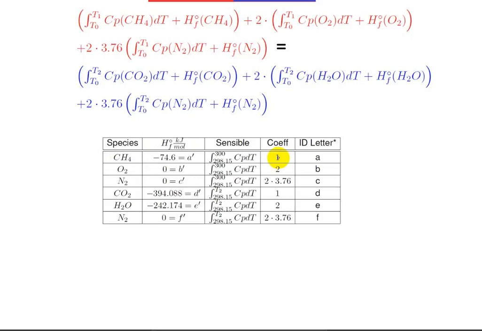And then there's a coefficient, and those are the coefficients up here. So 1 is for the parentheses on methane, 2 is for the parentheses on oxygen, etc. And each of these sensible terms is going to be identified by a single letter, A, B, C, D, E, or F. So this is A right here, and this is A prime, this is B prime, etc.